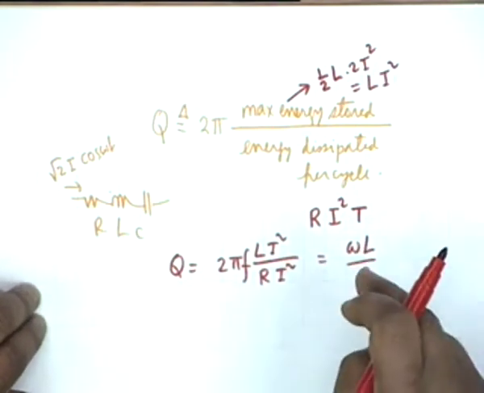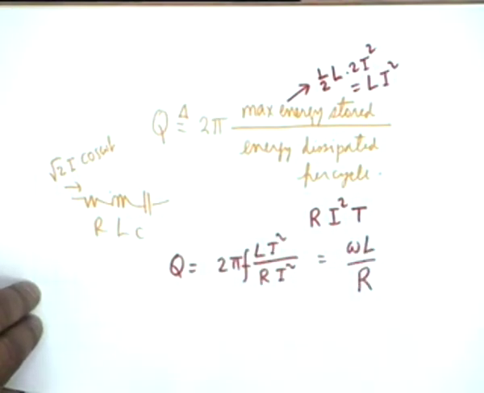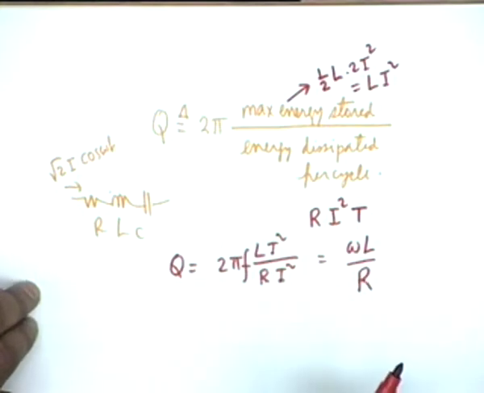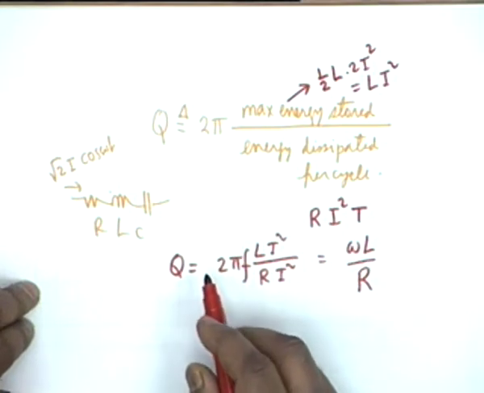This is the definition that we gave arbitrarily, a figure of merit, by considering the ratio of voltage across inductance to the applied voltage in a series resonance circuit. It comes out to be the same. However, it is conventional to define Q at the resonance frequency.